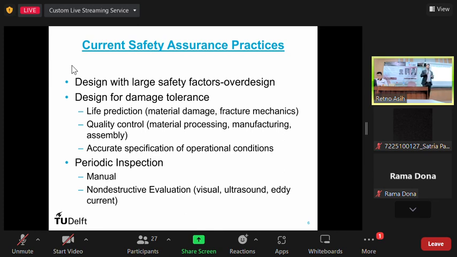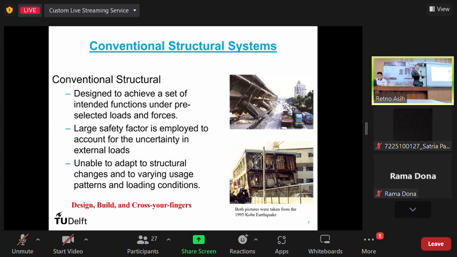But the challenge with those is that something may happen in between inspections, and it's also not an effective way of doing it. So these are the conventional structures.